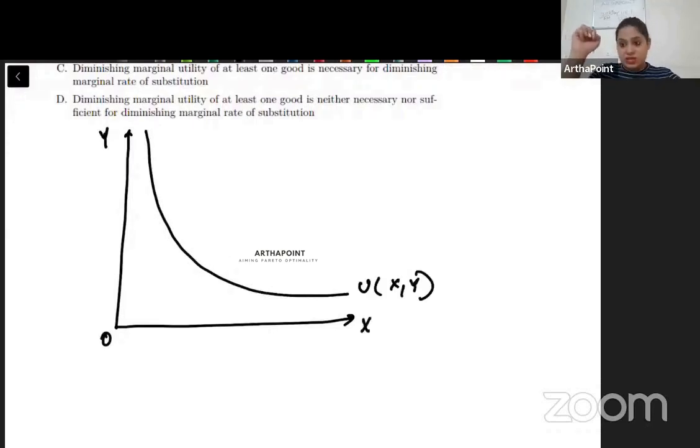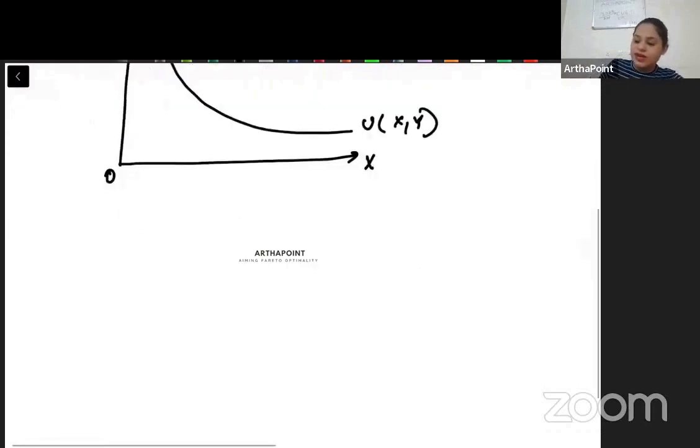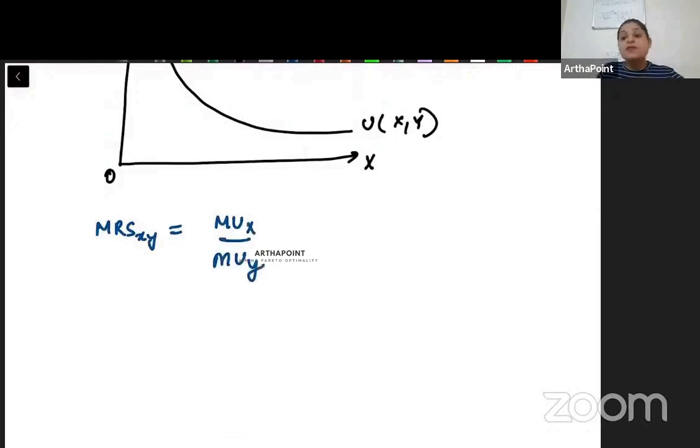And for this utility function, if I were to find MRS, MRS will be MUX by MUY, right? We know that as consumption of X increases, the utility I get from X, the marginal utility of X, decreases, it diminishes.